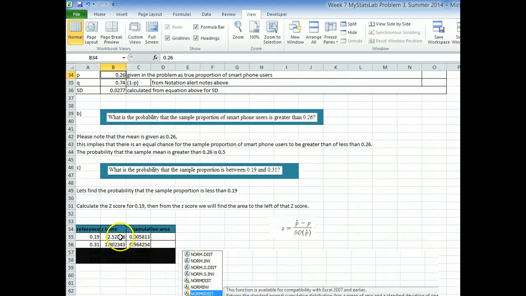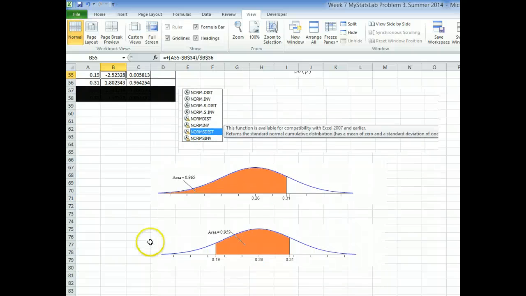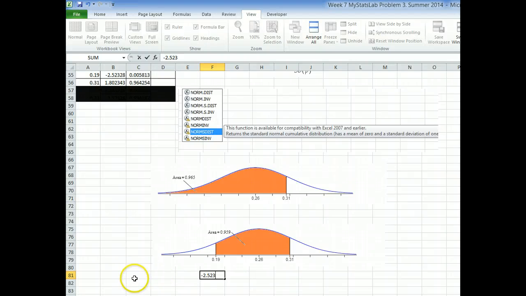So I'm just building on what I have done before instead of repeating calculation. So this is my z-score, and in order to calculate the cumulative probability, because what I just did was find the z-score equivalent to this 0.19, in the z world, this is minus 2.523.